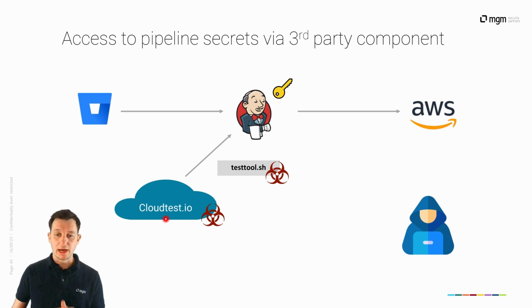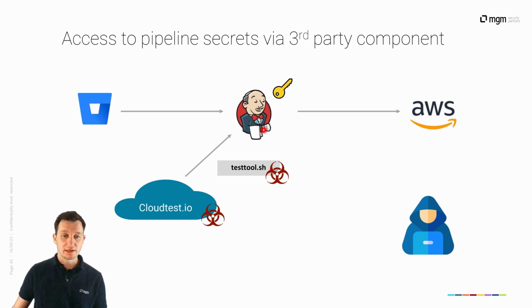So what our adversary could try is to get access to Cloud Test IO, and in this case maybe they are able to get access to the test tool sh that is running in every single pipeline of every single customer of Cloud Test IO, and in this case of Normal Corp.